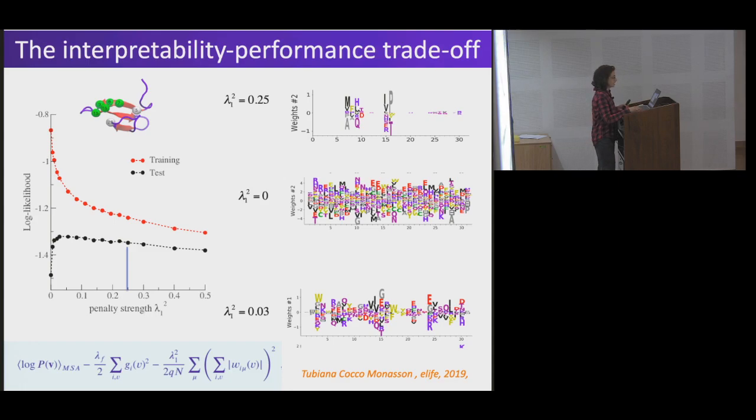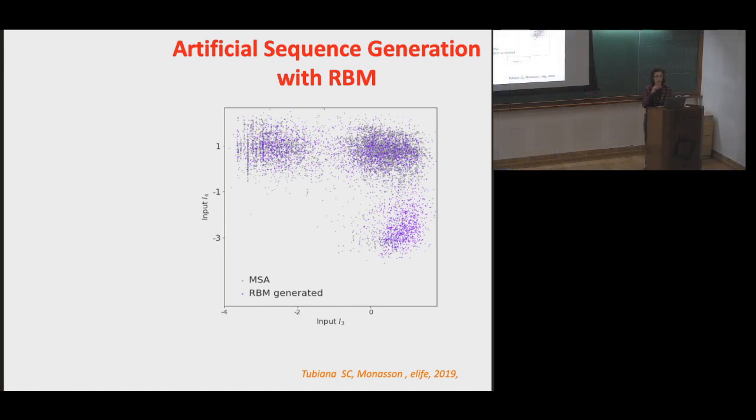So lastly, you can generate sequences with your RBM. These are all sequences, for example, generated by a Monte Carlo simulation of your probability distribution, and you see that it correctly clusterizes on the three clusters of sequences we had identified before.